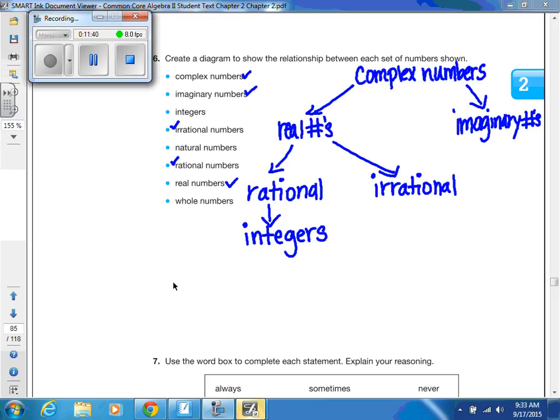And then after integers, what's next? I kind of just told you in the definition. Whole numbers. And then the smallest set of numbers, natural. Some people call these counting numbers because when you start to count, you start with 1, 2, 3, 4, 5, and natural numbers start with 1, 2, 3, 4, 5, and up.